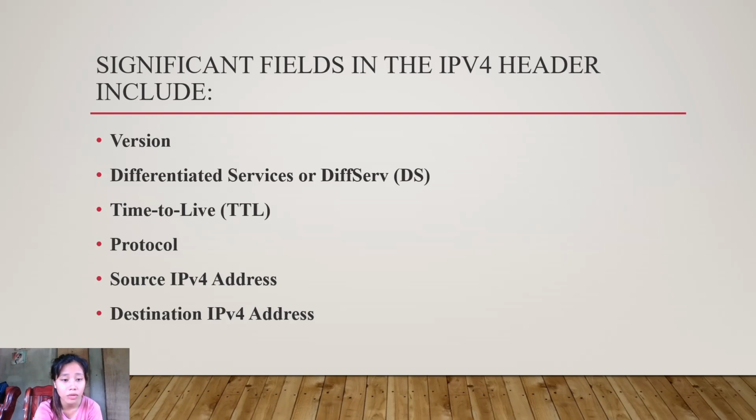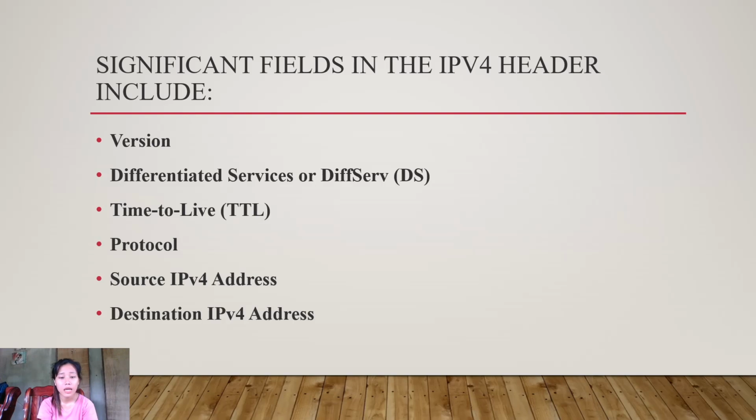Time to live, or TTL, contains an 8-bit binary value that is used to limit the lifetime of a packet. The protocol field is used to identify the next level protocol.